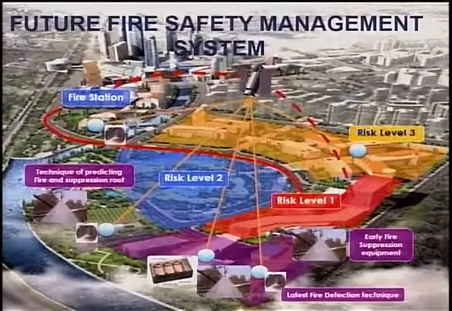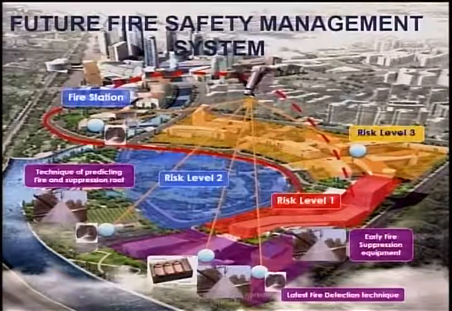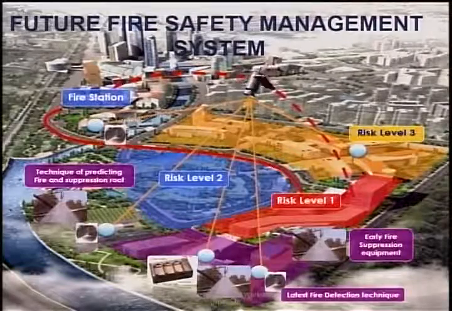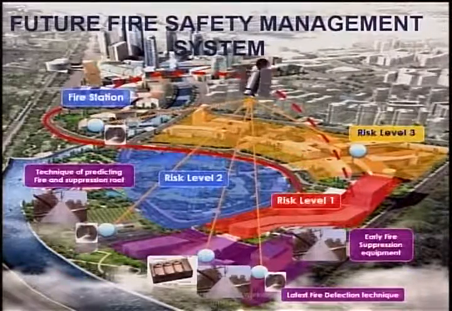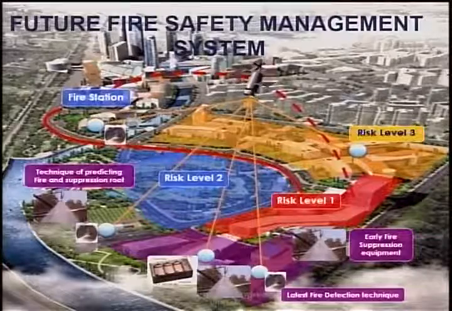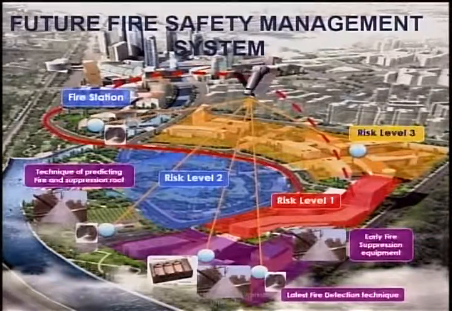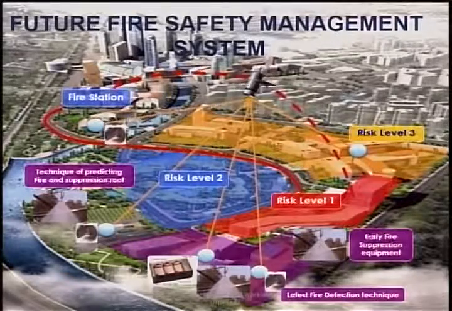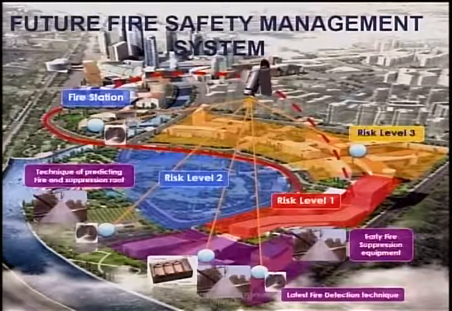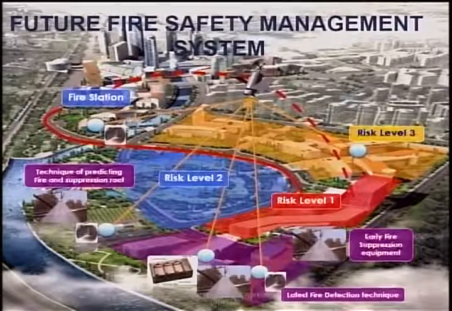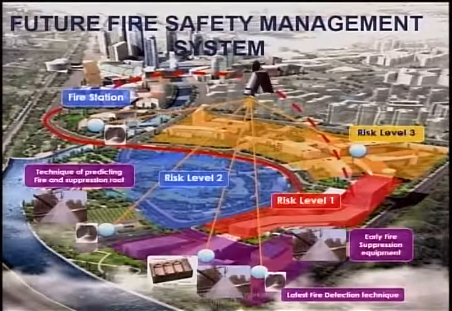This is the final slide, a future fire safety management system. This is what is missing. This fire safety system has to be controlled by satellite, and every industrial sector, every museum, every university or anything has to have recorded information and be monitored by the system.